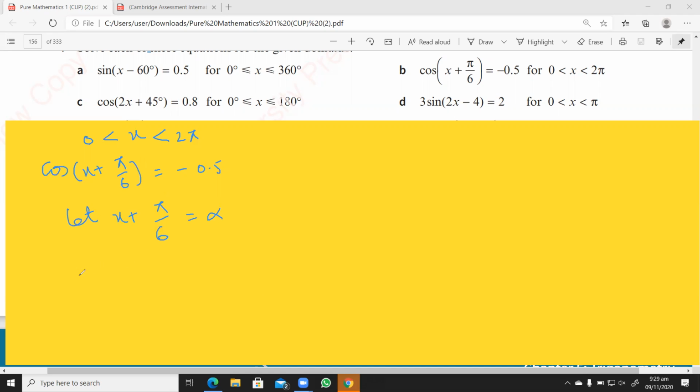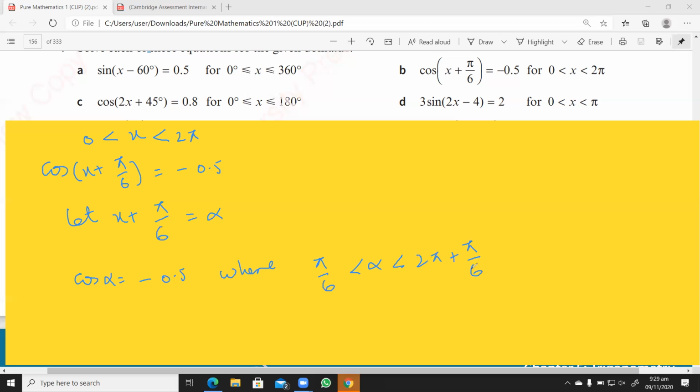So this equation now becomes cos alpha equal to minus 0.5. And you must mention what the new limits of this alpha are. So what is the lower limit for the alpha? Pi by 6, okay? And the upper limit for the alpha, exactly, you just keep it like this.